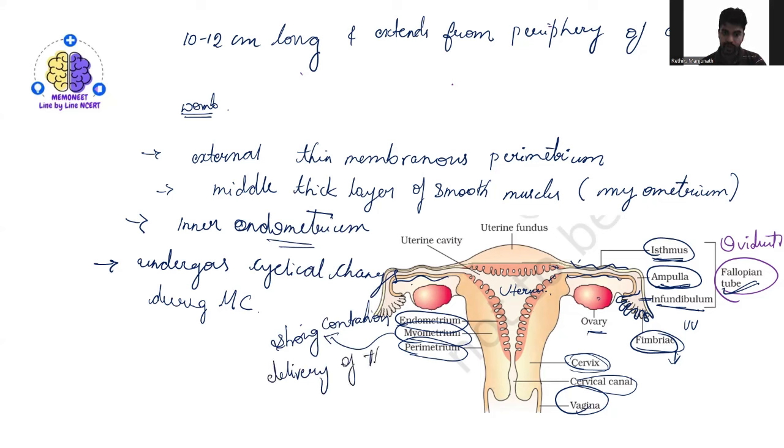So this is all about the uterus. First we studied the ovary, then the fallopian tube, and now the uterus. Clear? These were some of the basic parts of the female reproductive system.